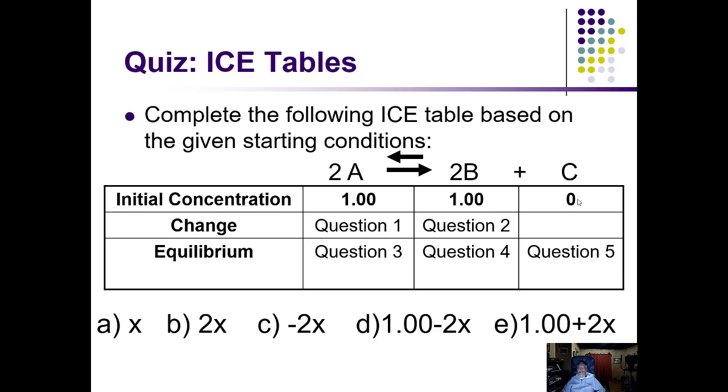Now let me just tell you that if you don't have a positive concentration for one of your products, your reaction has to go to the right. There is no other way for it to go, because in order to get to equilibrium, it has to produce product C. So the reaction will be going in the forward direction. That means reactants disappear and products appear. And then you just add the changes together.